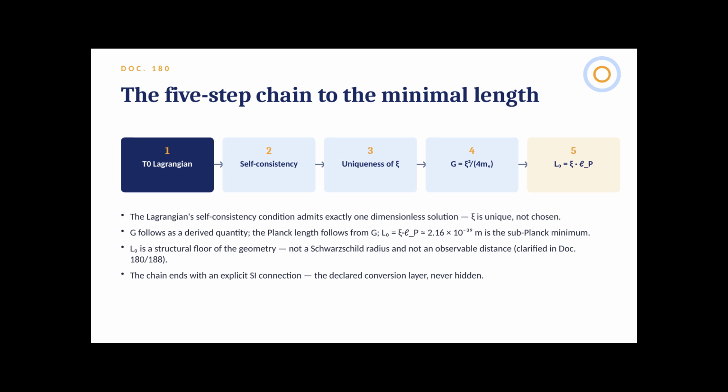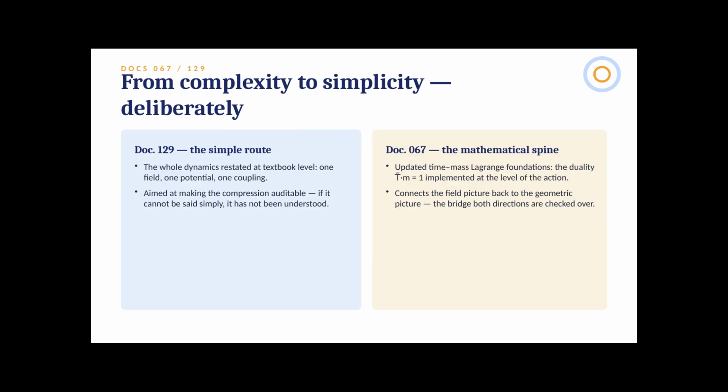From g, you get the Planck length, and the Planck length times Greek x gives L0, the sub-Planck minimum, about 2 times 10 to the minus 39 meters, smaller than the Planck length by that factor of Greek x. One important clarification: L0 is not a black hole radius and not a distance you could ever measure. It's a structural floor built into the geometry.